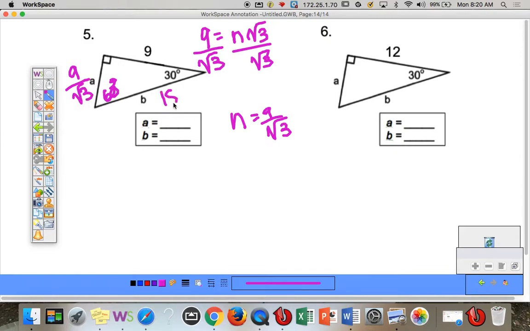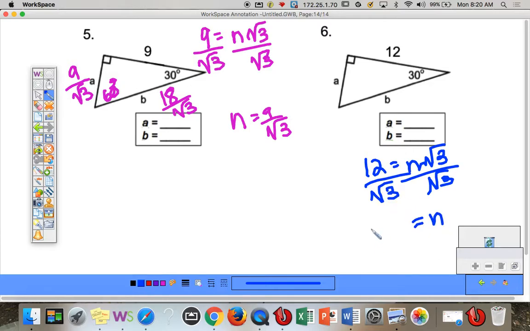If we double that, that'll be 18 over the square root of 3, and that would be the longest side. So again, the last one between the 30 and the 90, that 12 equals n square root of 3. To get n by itself, we divide by square root of 3. So the smallest side between the 90 and the 60 is 12 over square root of 3. So that goes here. And we'll double that, 24 over square root of 3, to get the longest side.